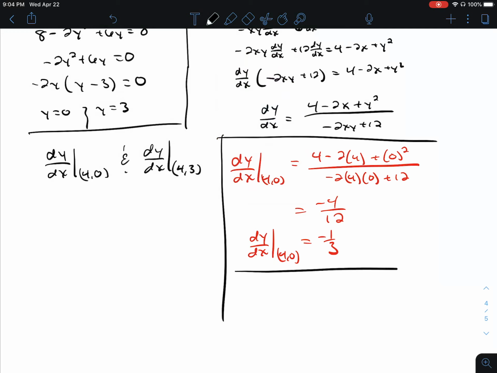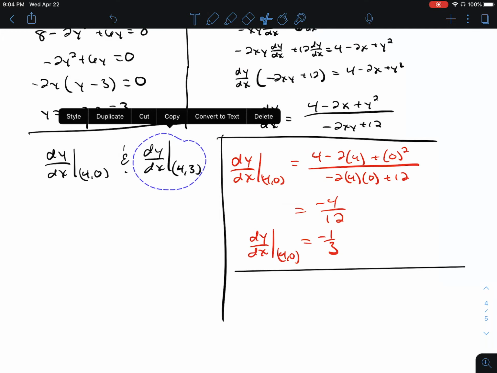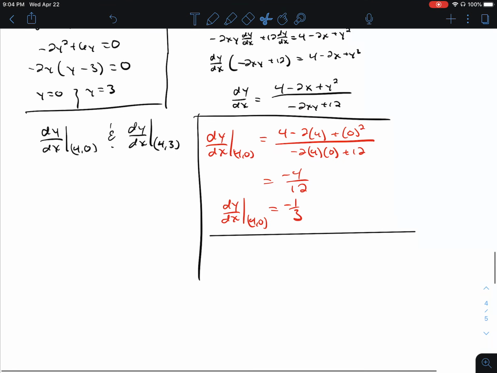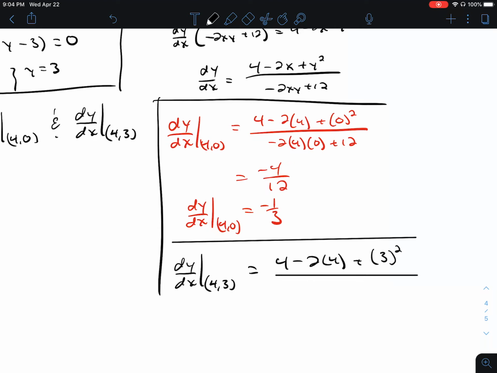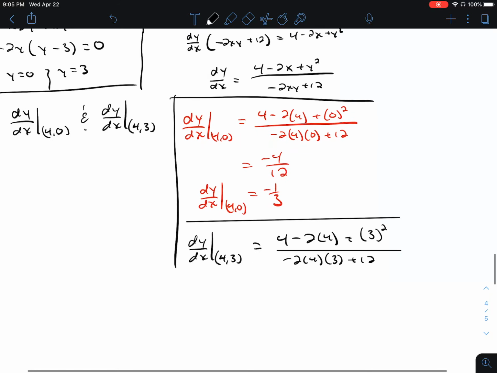Now let's repeat and figure out what's going on when we have the ordered pair (4, 3). So that's going to be 4 minus 2 times 4 plus 3 squared, over negative 2 times 4 times 3 plus 12. This is 9, this is 8, this is 4.